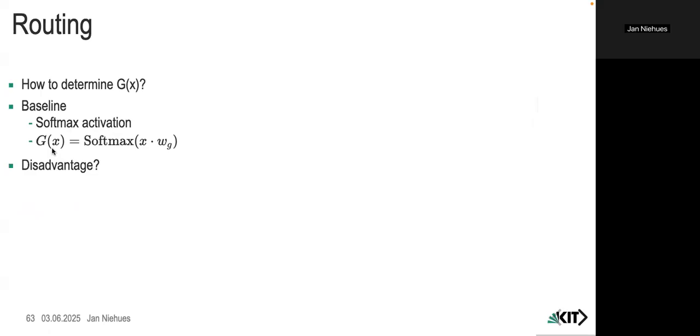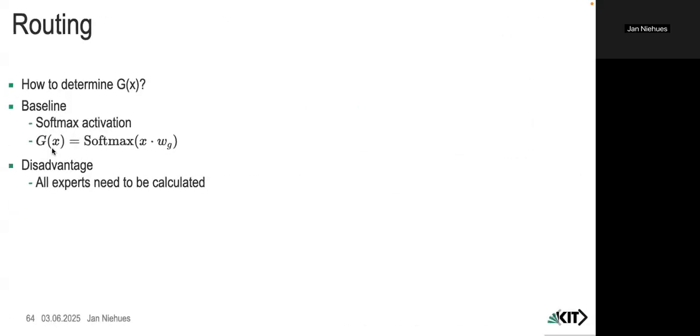Now, when making the slides, I didn't know that you would come up with a problem already before. So, of course, the disadvantage is that we need to do all experts in parallel. Therefore, this might not be the best way of doing it. And instead, there are other things to do.